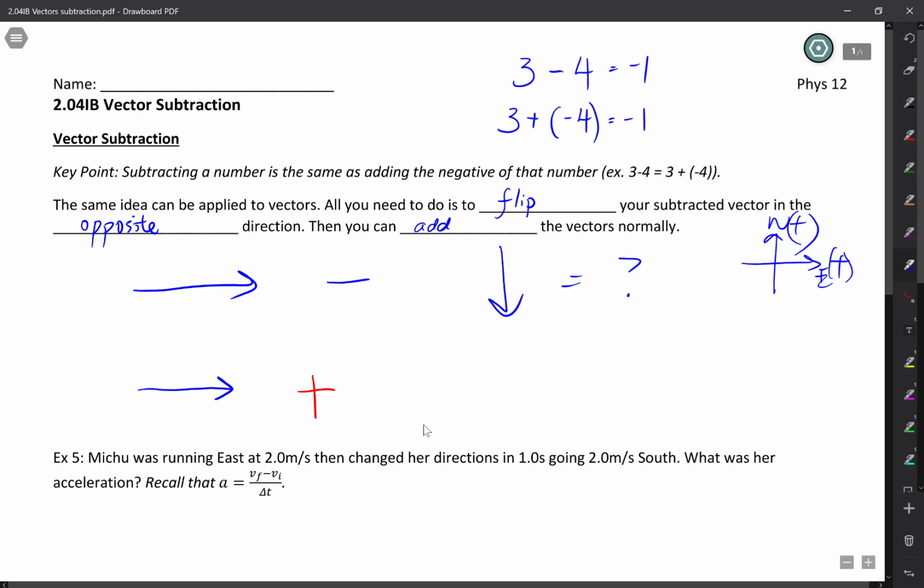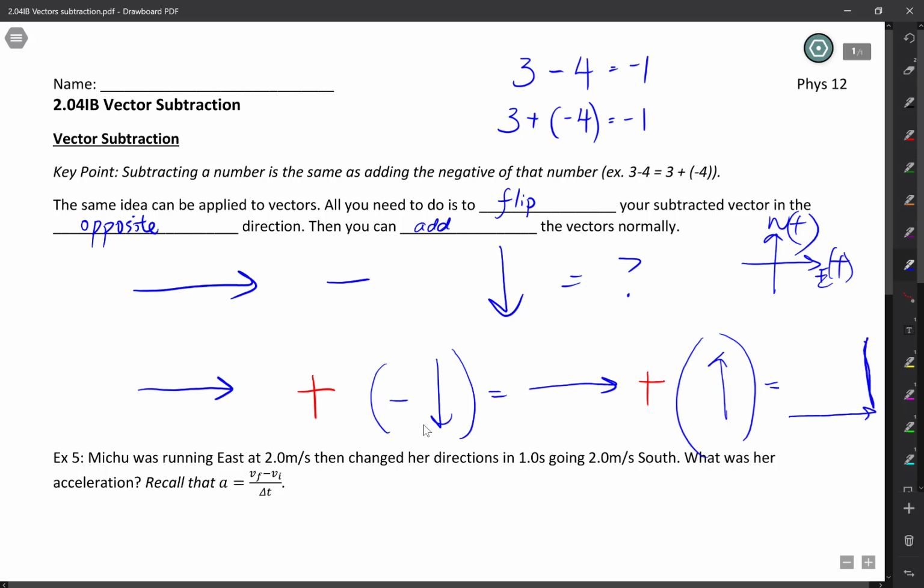So if I had to write this out, this would look like this, which is saying the first vector plus the second vector, but flipped in the opposite direction, which then would give me one vector east and one vector going north, very much like vector addition.